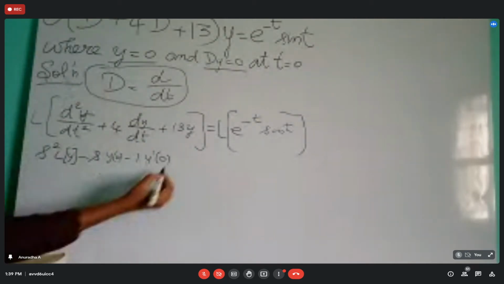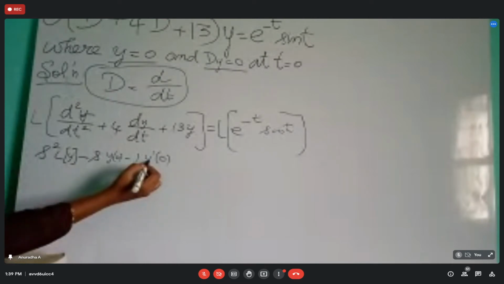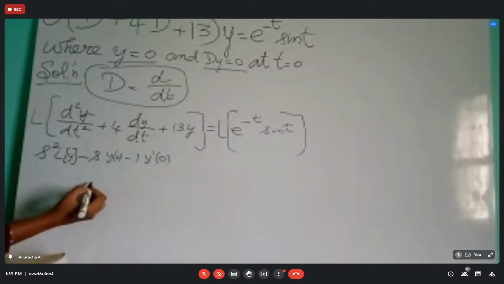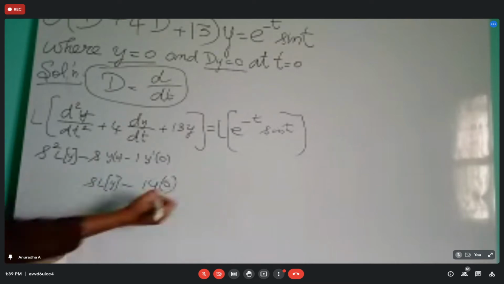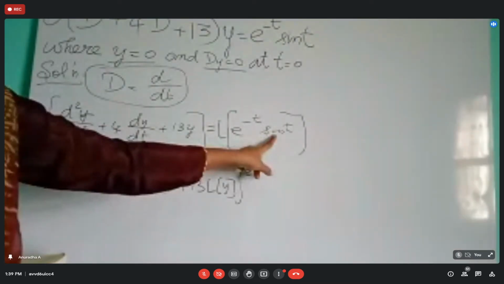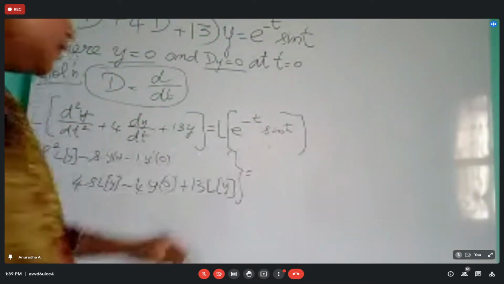Same way now for dy by dt. The first derivative is f dash, so it is capital F of s minus y of 0, just multiplying. For the right-hand side, I have to apply the shifting theorem.